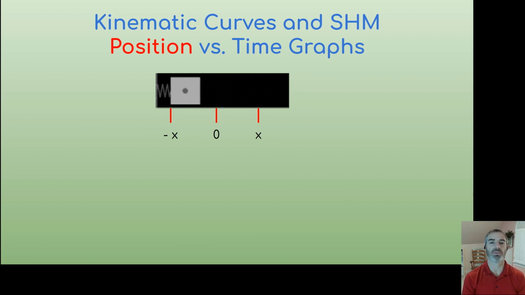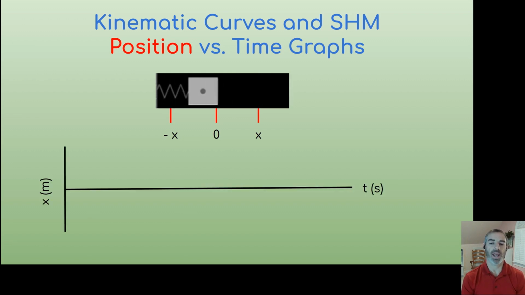So we have three specific positions that are marked. And what we're going to do is graph our position versus time graph. As this oscillator spring slides back and forth, we can start plotting points for when it reaches x, 0, and negative x. So we can see as time passes, we can plot those points all the way through.